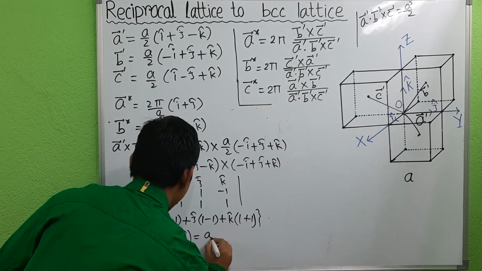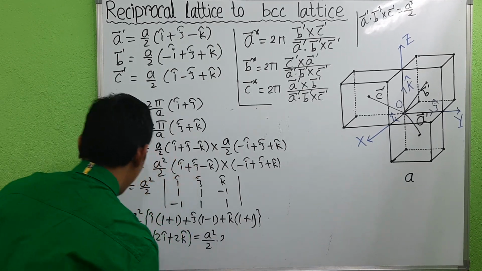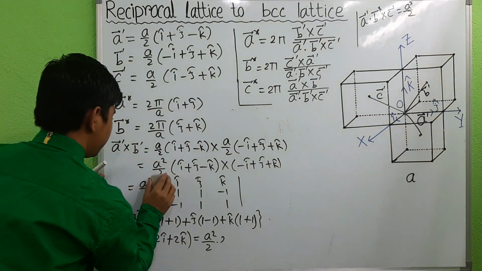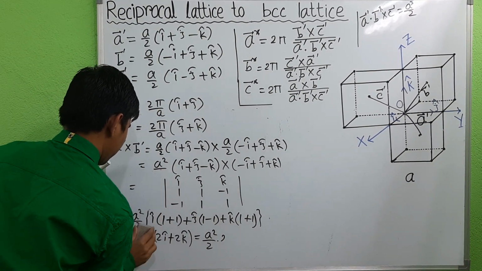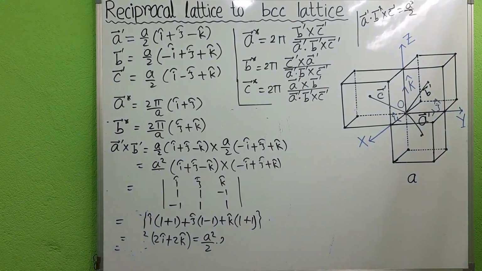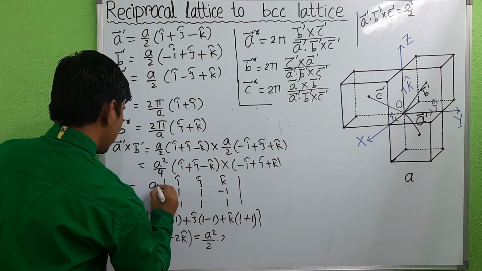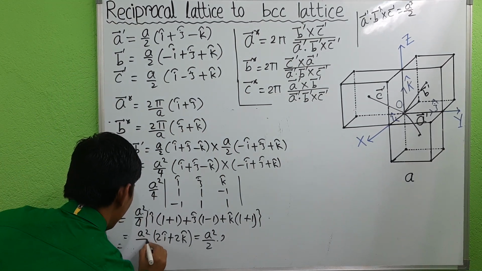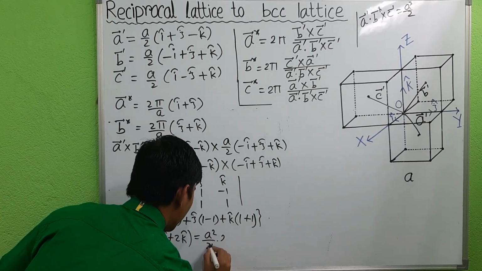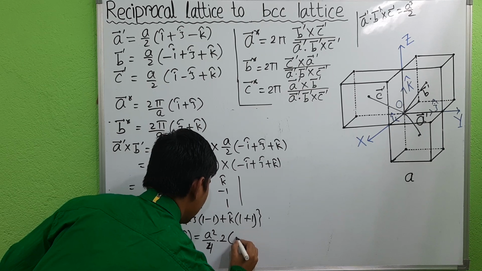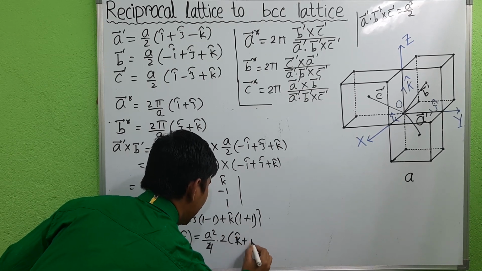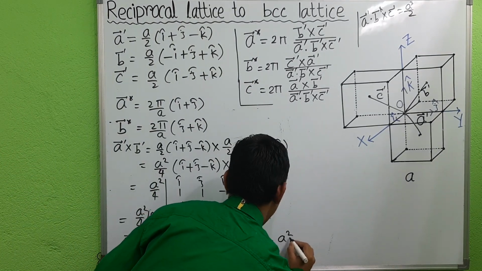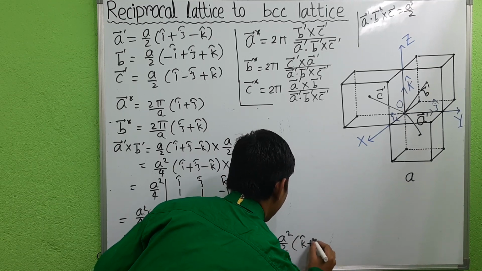This is equal to a square by 4 times 2 (k cap + i cap), so a square by 2 (k cap + i cap).